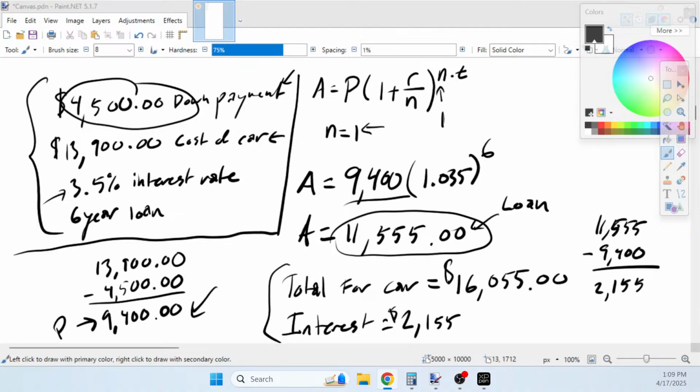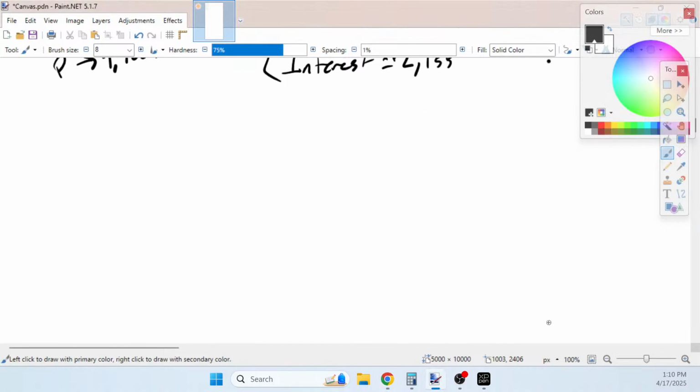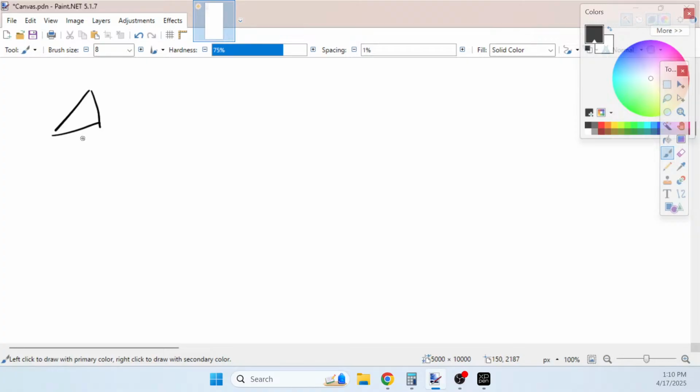Okay. So question 1. We have triangles. Oh, I don't think we're told that they're similar.